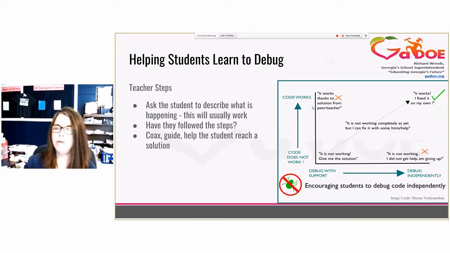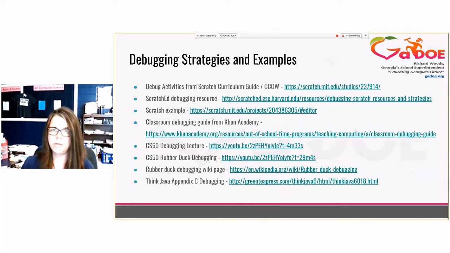Not, oh, here you go, I gave you the code, or here you go, I'm just gonna quit. We want them to eventually reach a working solution and feel good about themselves, so they'll continue programming and continue problem solving. I just feel like computer problem solving leads to good problem solving throughout your life.